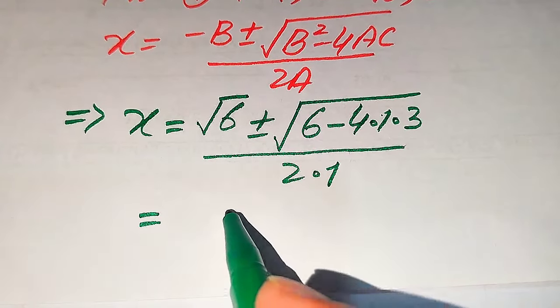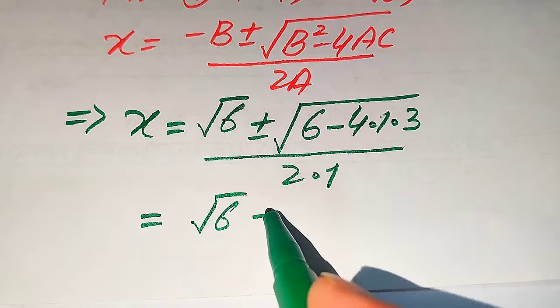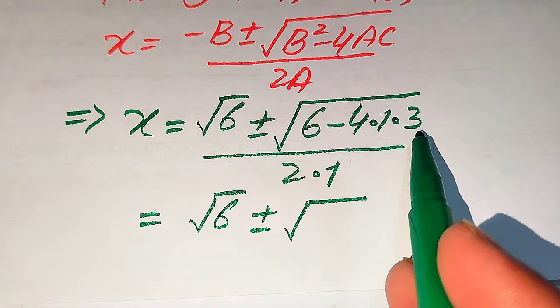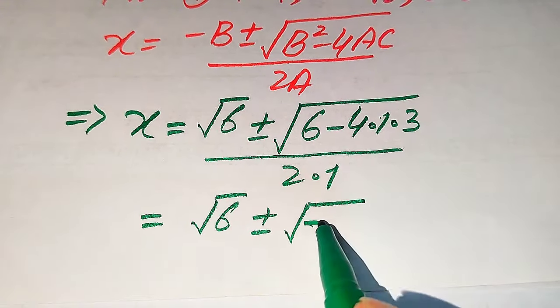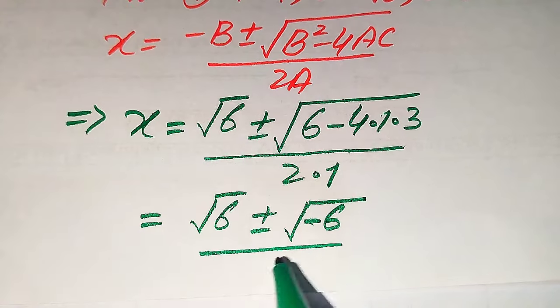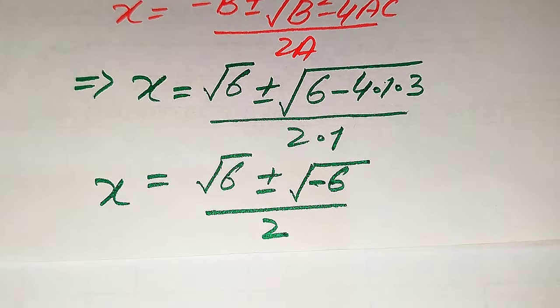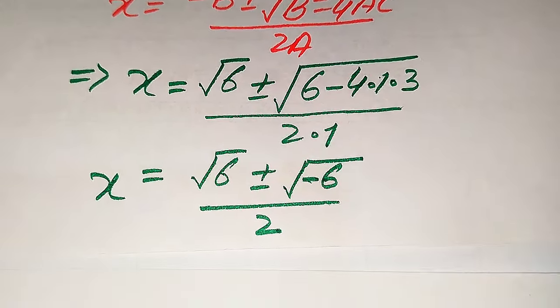So further in the next step we have square root of 6 plus minus square root of, here we have 4 times 3 becomes 12, and 6 minus 12 becomes minus 6, divided by 2. So this is the value of x, but here we need to write this in simplified form.